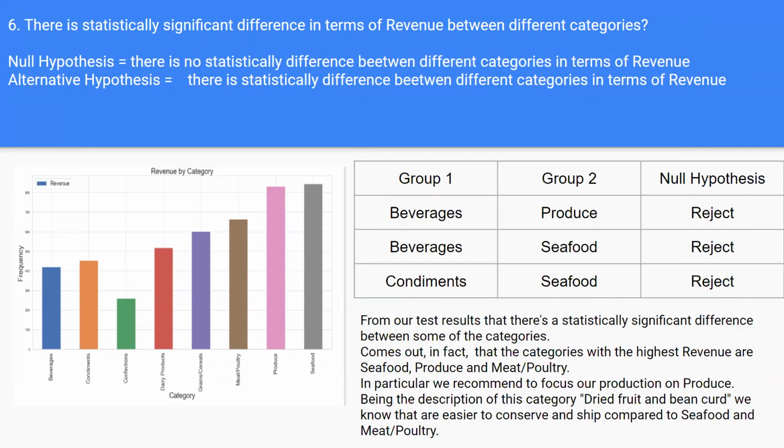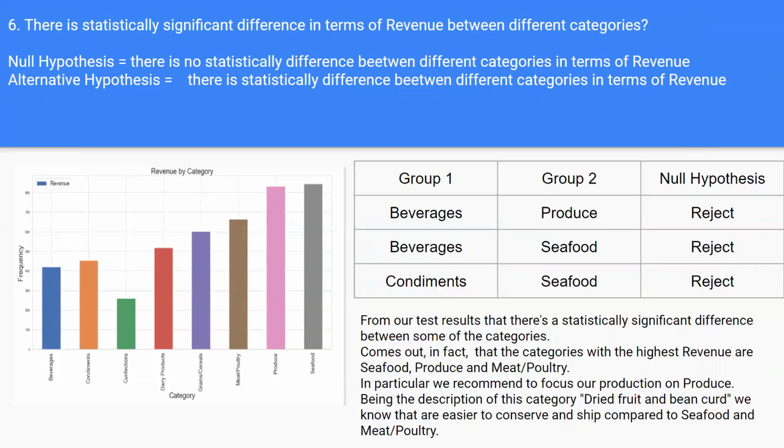Finally, the last question is, among the categories that we have, are there some categories that can give us a higher revenue compared to the other ones? And actually, we can answer yes to this question. As we can see straight away from this graphic, produce, seafood, and meat and poultry give us a higher revenue by category. And if we check our test, we can conclude that we can reject the null hypothesis in these cases.